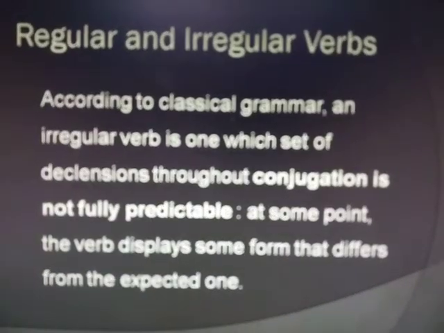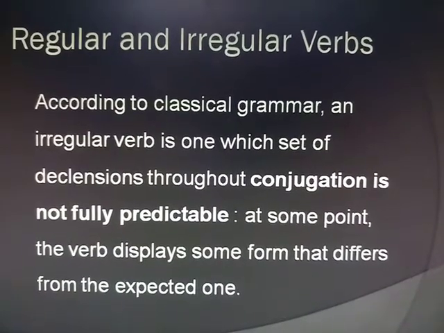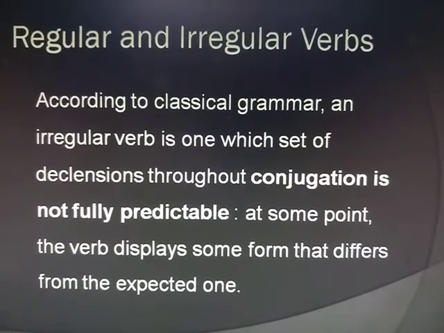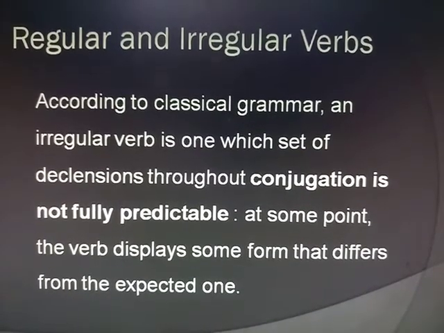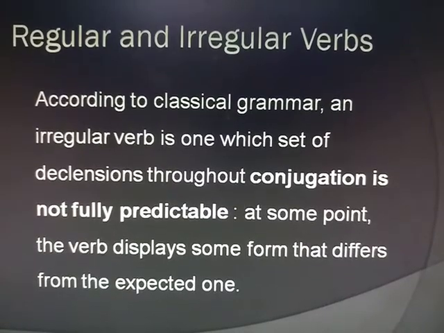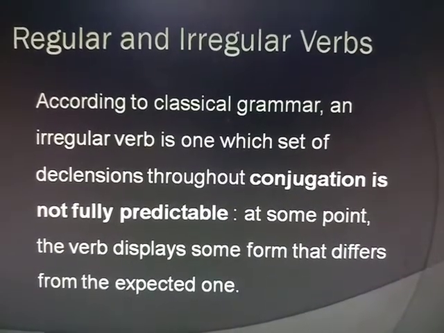According to classical grammar, an irregular verb is one whose set of declensions throughout the conjugation is not fully predictable. At some point, the verb displays some form that differs from the expected one.